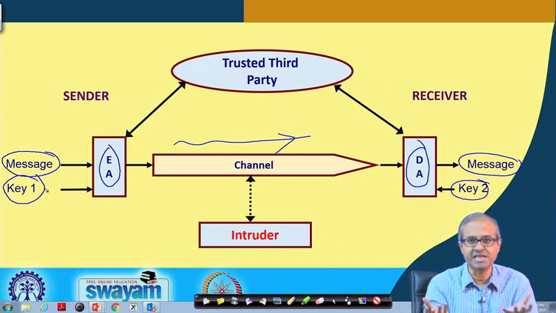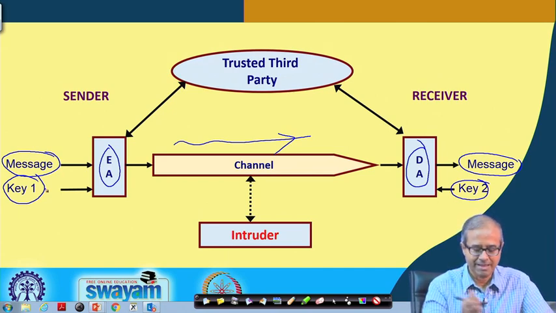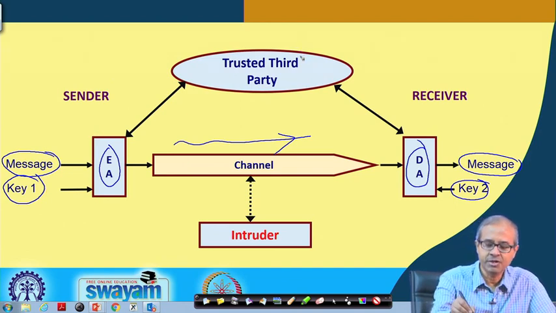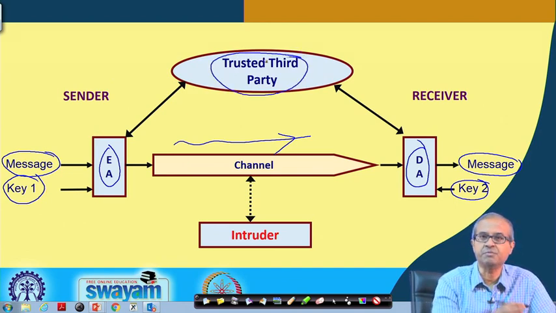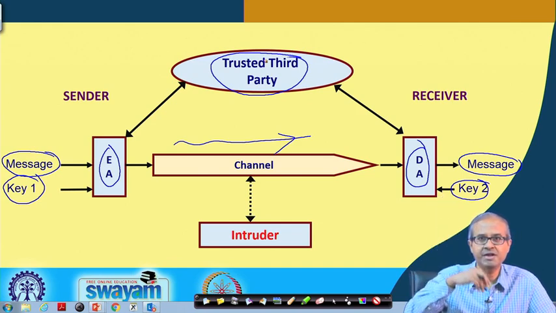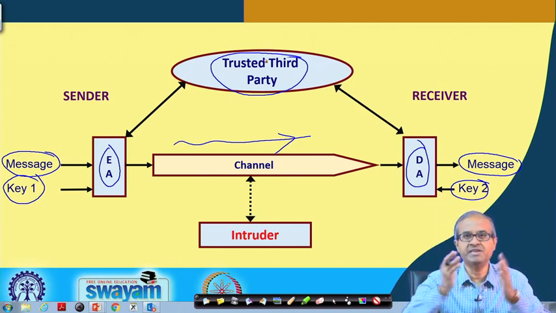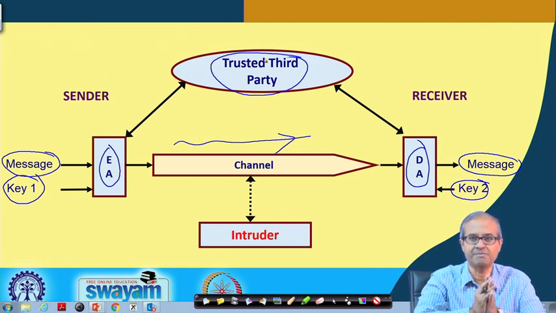These keys may be the same key, may be different, depending on whether we are using symmetric key or public key. And in many algorithms, we rely on a trusted third party to provide us with some kind of help. We will see about these things later.